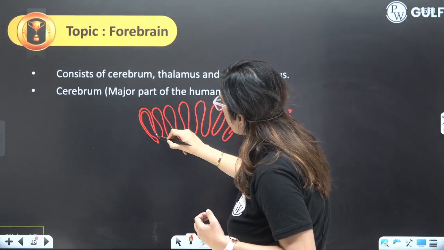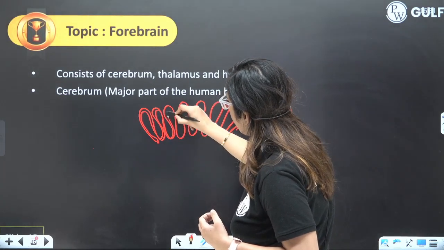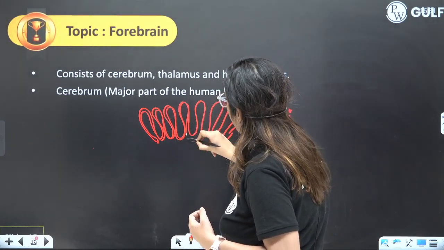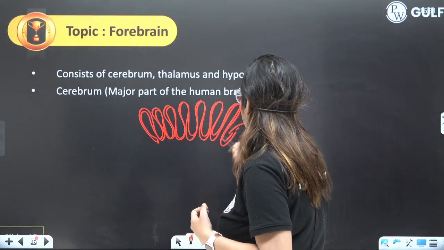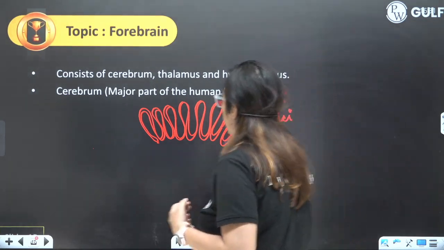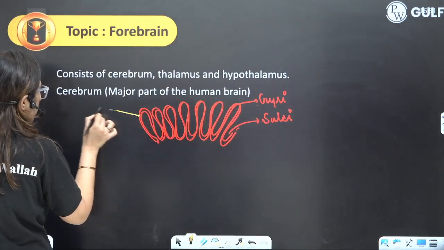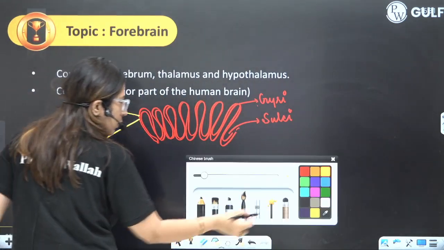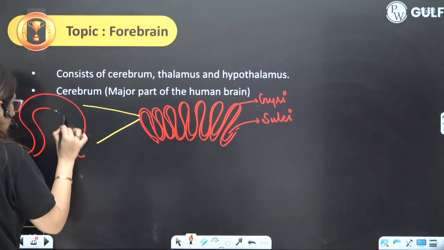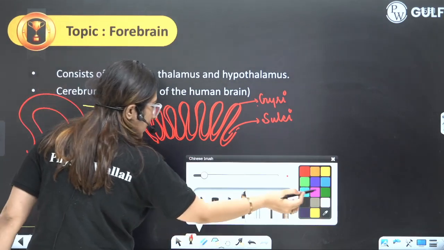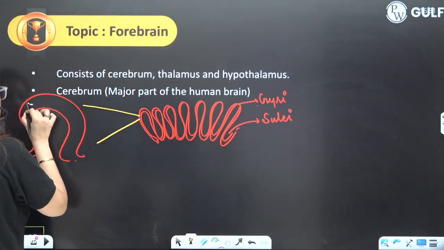Here, the outside part is grey in appearance. Why? Because the neuron cell body is present. If you zoom into this structure, I'll show you. Wait guys. If you zoom into this structure like this, you will see the neurons present.